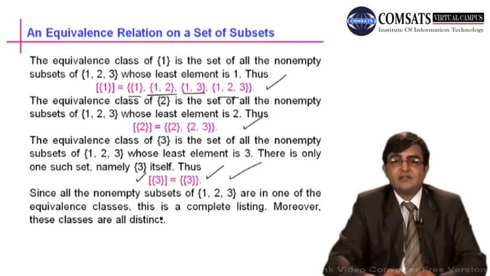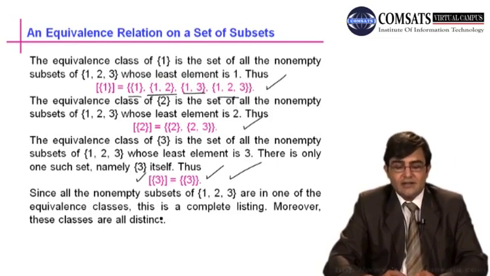We have also discussed the transitive closure of a relation, and then we have studied the equivalence relations on sets. An equivalence relation is, as I have told you, a relation which is transitive, symmetric, and reflexive. We have also discussed the equivalence classes, and how to calculate or construct the equivalence classes of a relation.